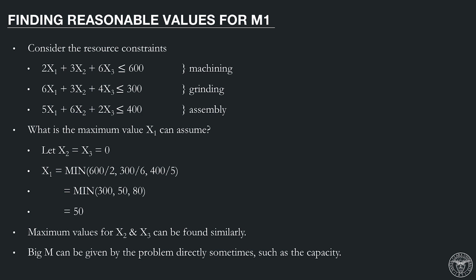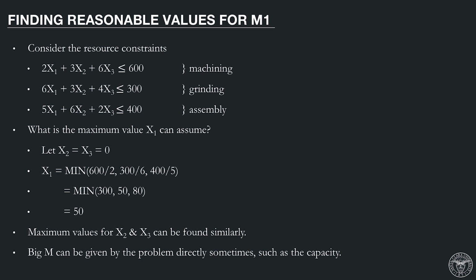Right now, if we look at the grinding department, given that x2 and x3 will be 0, the upper bound for x1 will be 300 over 6, which gives us 50. Looking at the assembly department, the upper bound of x1 will be equal to 400 over 5, so that we have 80.